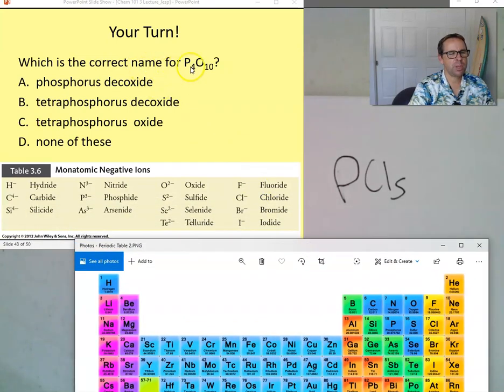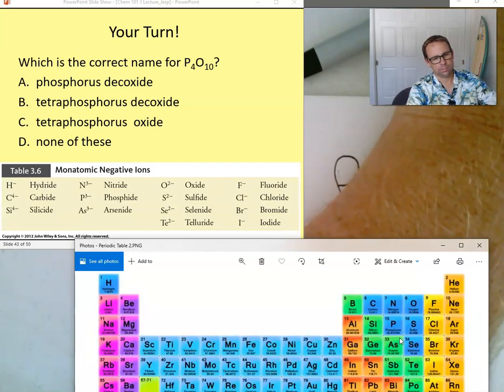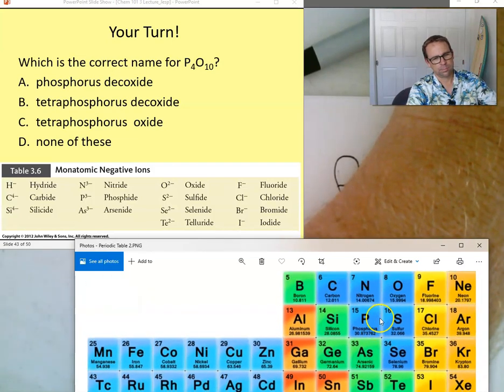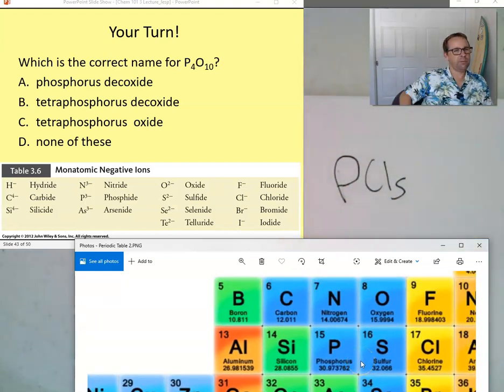What's the correct name for P4O10? P4O10. What's the name of that compound?